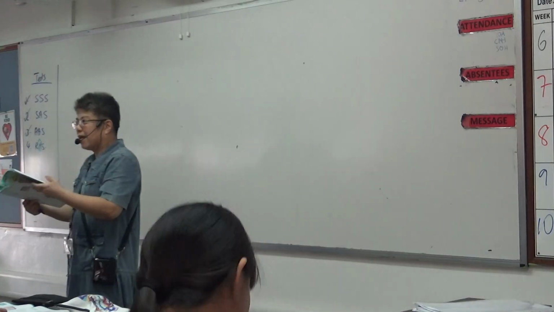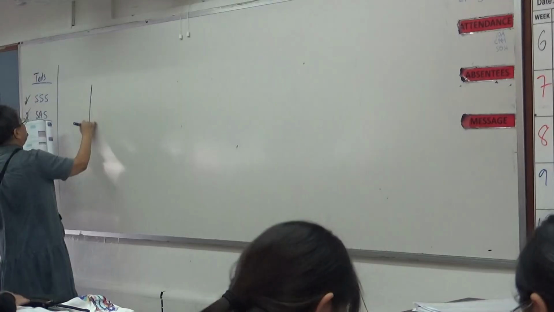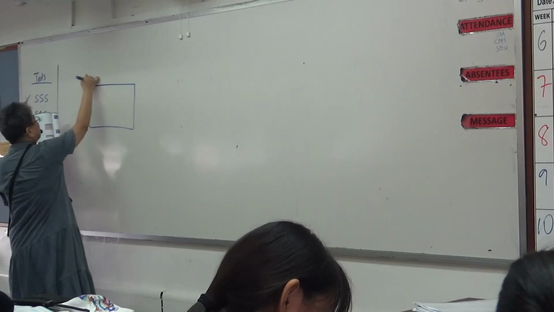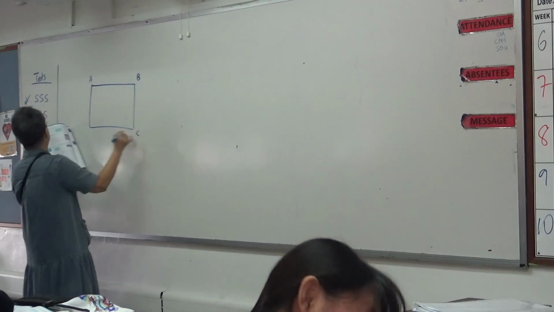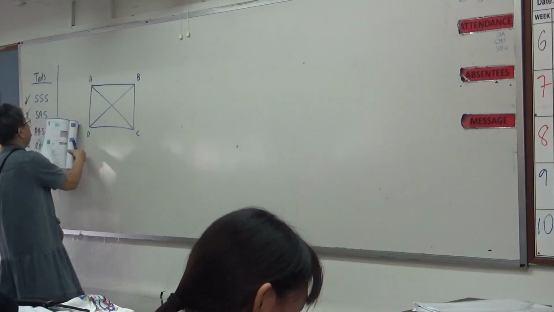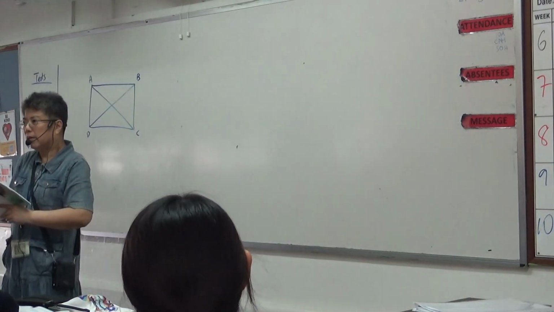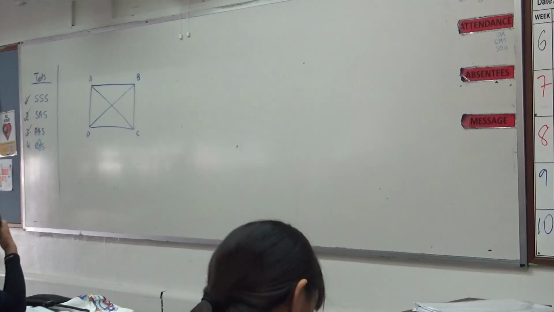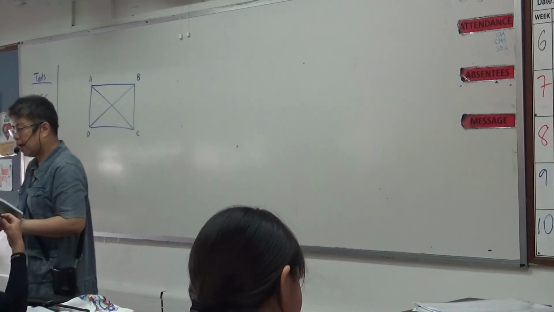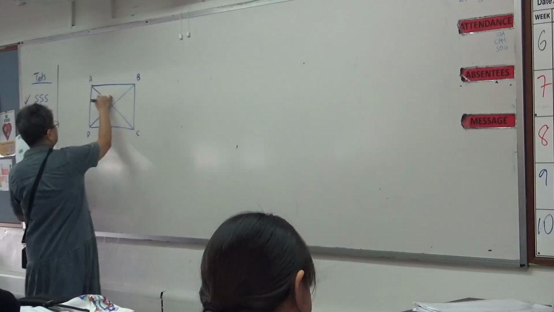Okay, can we look at example 11? All of you look at example 11. In the diagram, AOC and BOD are straight lines.